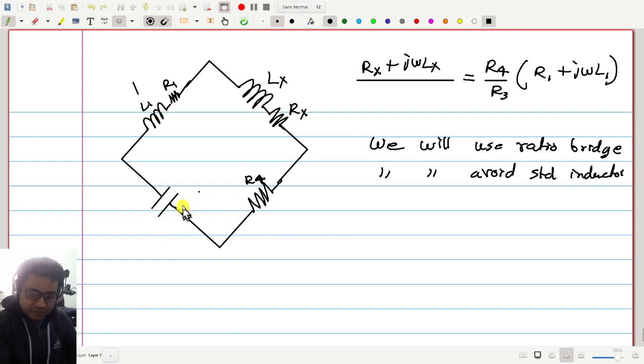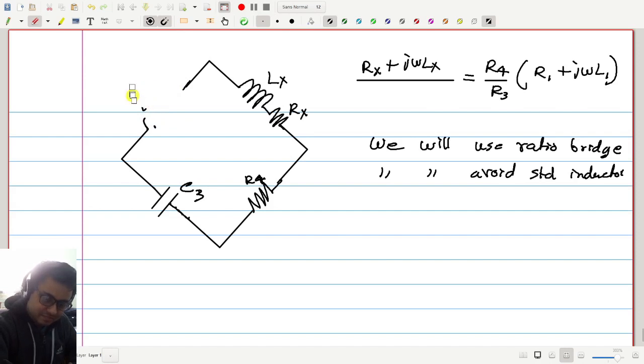Now, if we take this to be a pure capacitor C3, then what can we put here? What is the choice? See that the angle of this is minus 90, this is something positive, so minus 90 plus something positive means the sum of these two will be in which range?